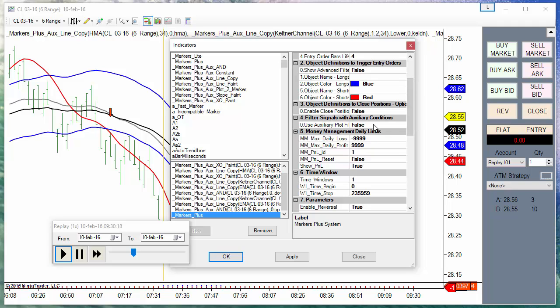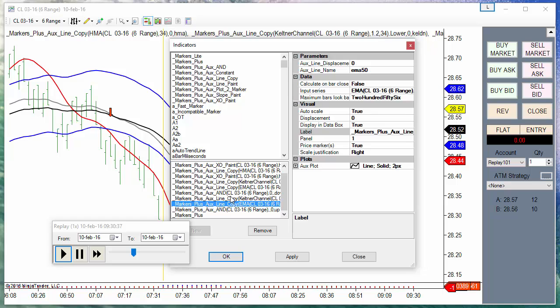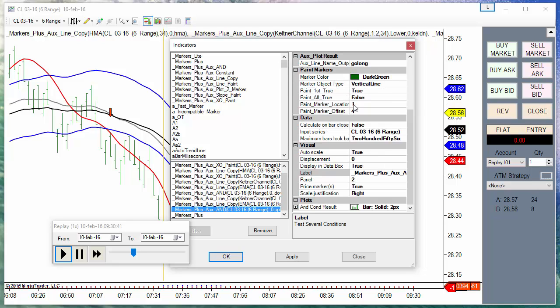We don't need to set any filter because everything is on the logic of the AND. The signals are vertical lines. We can type part of the name of the signal, and the colors are dark green and gold.